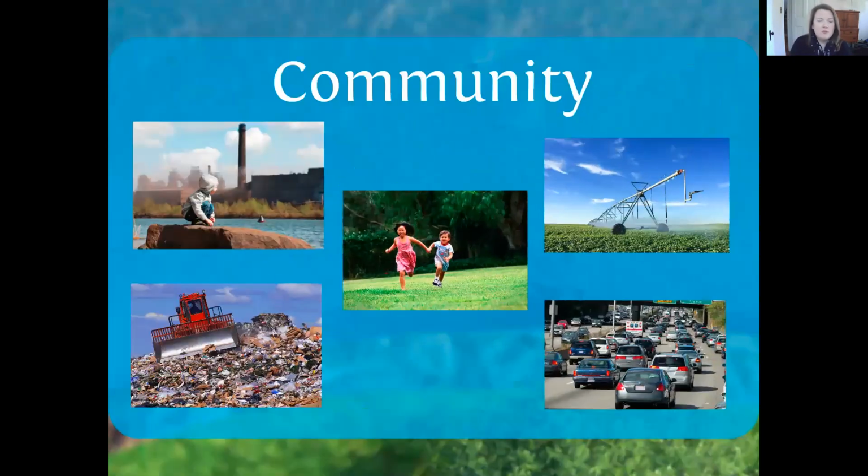So when we think about community exposures, it's some of the things that we've already talked about, right? Do you live next to a polluting industry? You can see there in one of the top pictures, you have a child that's living right across the river from a factory.